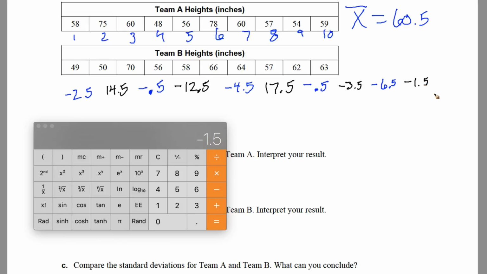There we are. All I did for each one of these is take the number and subtract the mean, one number at a time.